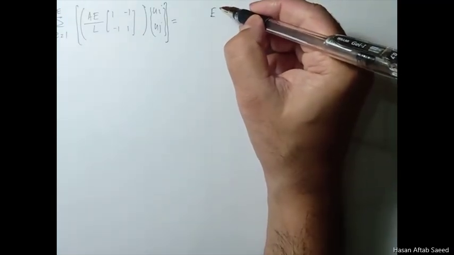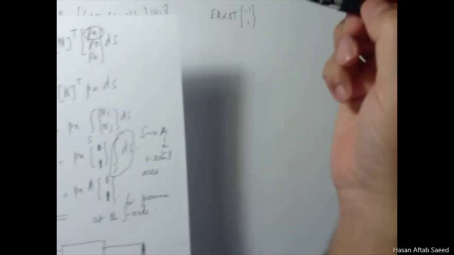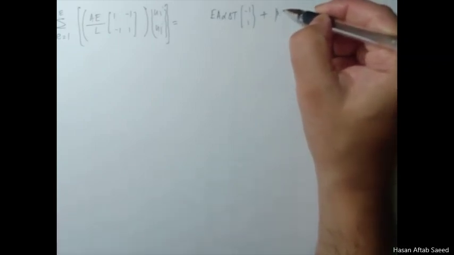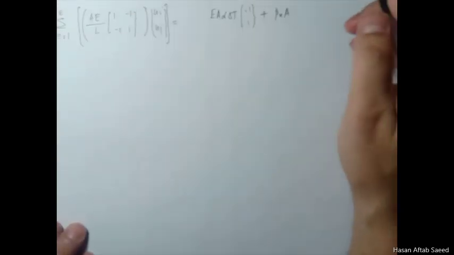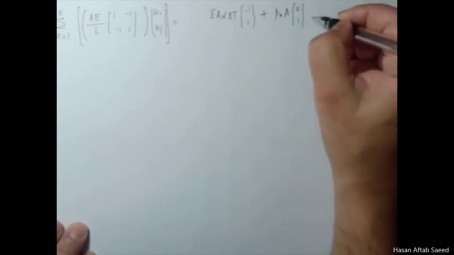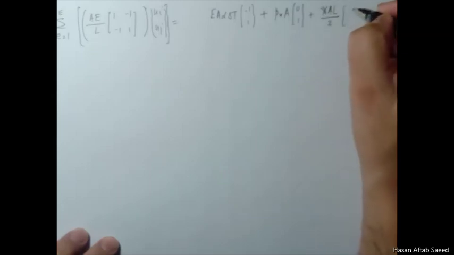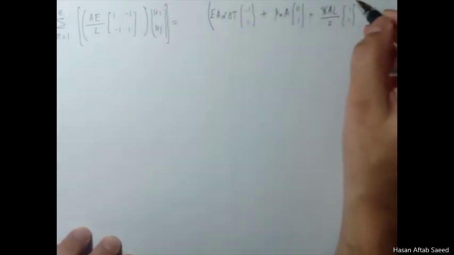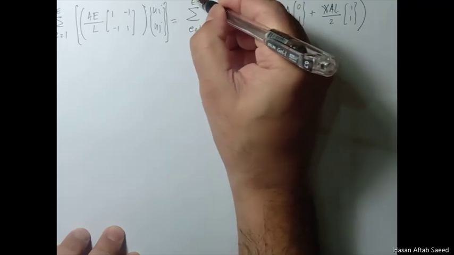E A alpha delta T times minus 1, 1. This one we just derived, plus let's take this for pxa, 0 1, plus take the B matrix FB, xal over 2, 1 1, and you sum them all up from the first element to the last element.